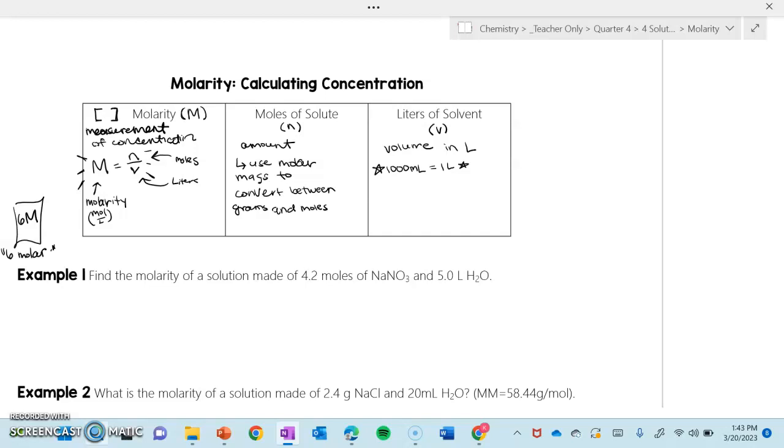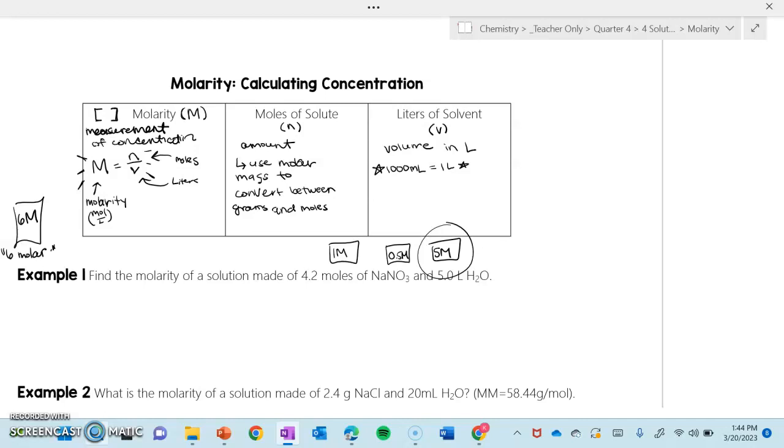So in a little example, if I were to have 3 different solutions, and one was 1 molar, one is 0.5 molar, and one is 5 molar, the most concentrated would be 5 molar because it has the largest amount of solute in the liter.